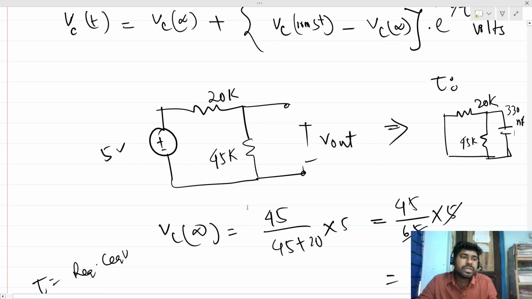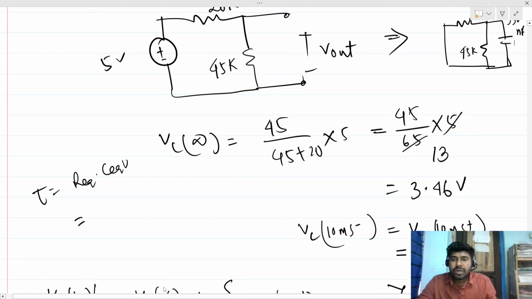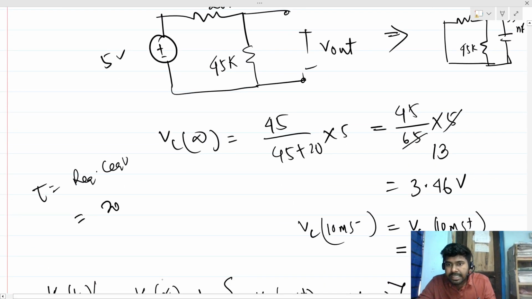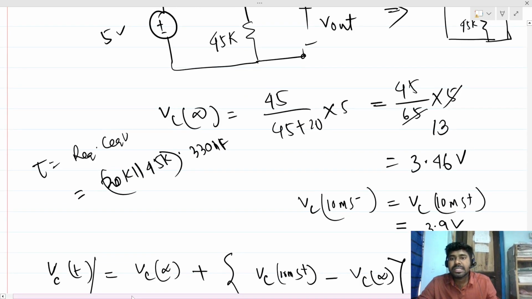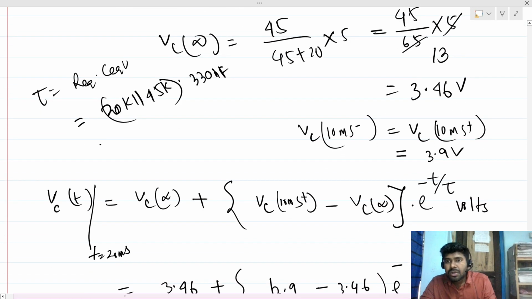So now what is the time constant? These two resistances come in parallel. So R equivalent is 20k parallel 45 kilo ohm, times C, which is 330 nanofarad. So the time constant is 20 times 45 divided by 65, into 330, where the resistance is in kilo ohms and the capacitance is in nanofarad.